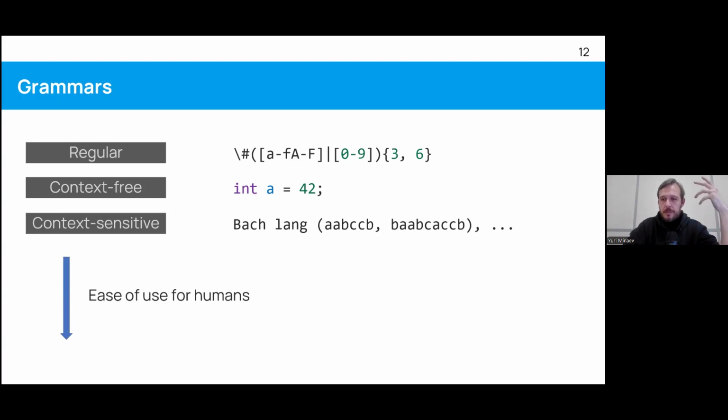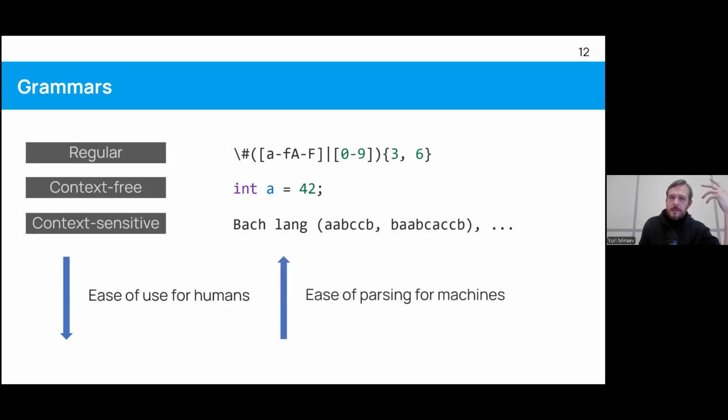But in natural languages, which are the higher order of things possible, we can speak naturally and easily. And for computers, it's the opposite. The simpler the grammar, the easier it is for a computer to understand, and the harder it is for a human to use.